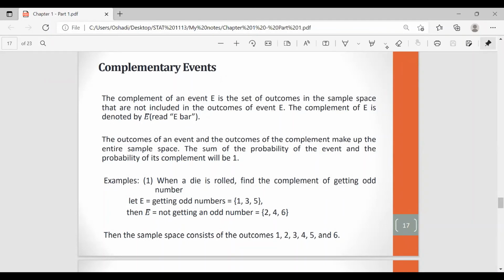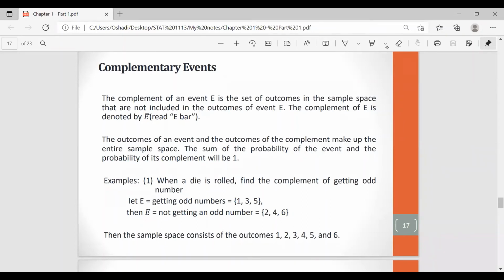Right? So that is called the complement. If we add the event and the complement event, then you can make the sample space again, isn't it? The sum of the probability of the event and the probability of its complement will be 1.